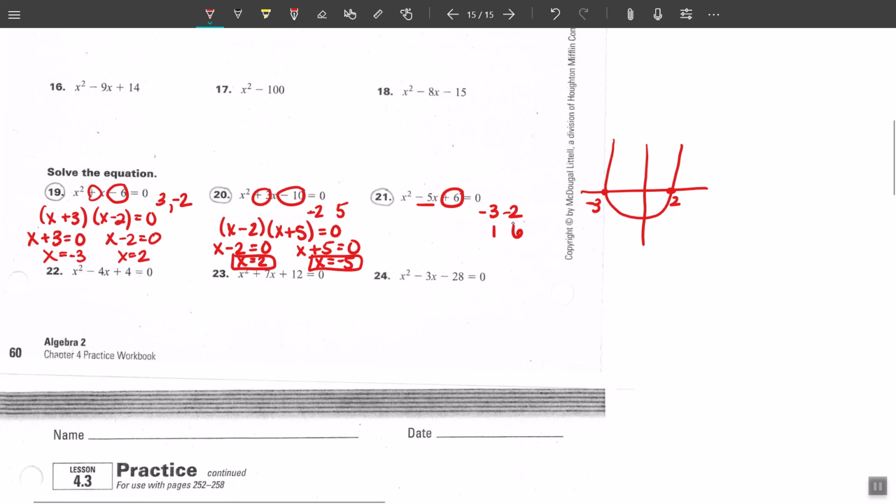If we combine those two, they give us negative 5, and multiplied together they give us a positive 6. Again, this whole thing is equal to 0, so we end up with two solutions once again, one at x of 3 and one at x of 2.